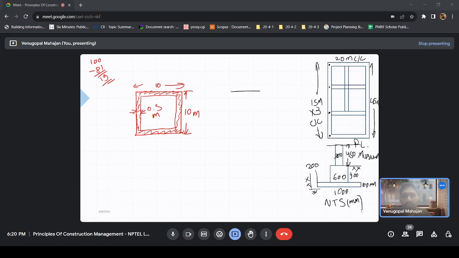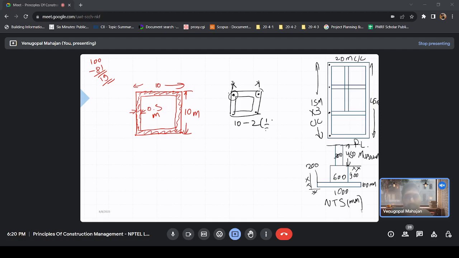Let me draw another box for you right now. If you have to calculate the center line for these, what would be the center line? Outer edge minus half of width, right? For each side. Like if you have to calculate the center line for this, it would be outer edge minus, as there are two corners, twice of half of it.